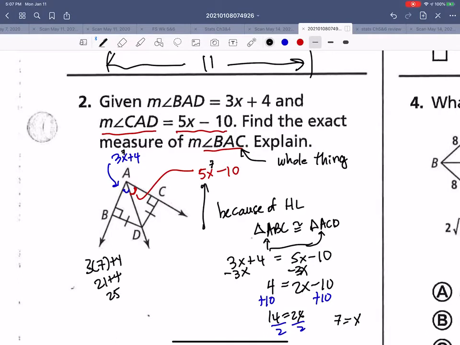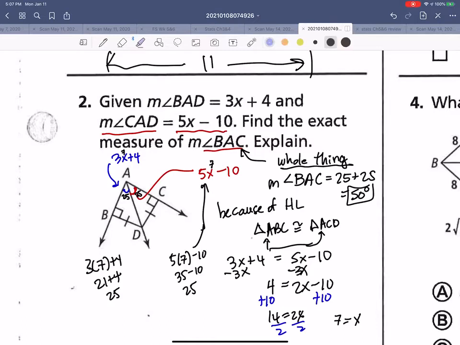Let's try this one. 5 times 7 minus 10. So 35 minus 10 is 25. Beautiful. So if this is 25 and that is 25, what is the whole thing? The whole thing has to be them added together, or 50 degrees. Nice work.